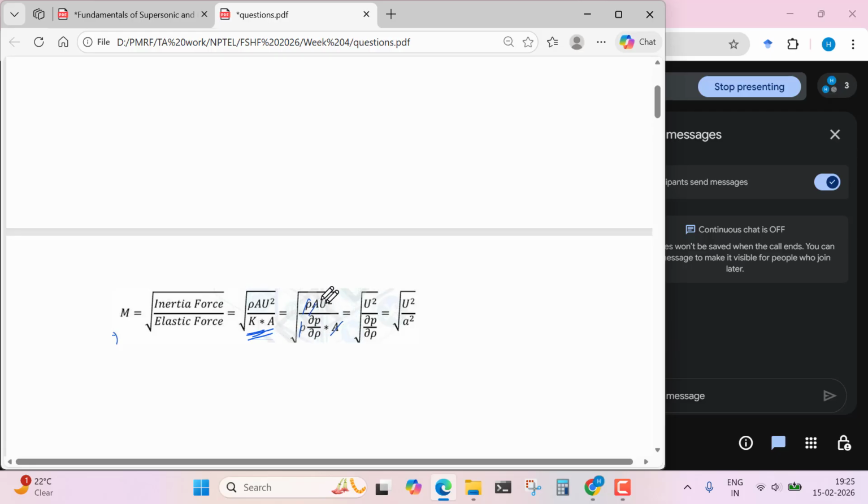So rho and A will cancel out, and it will come to square root of u square upon dou p upon dou rho. And dou p upon dou rho is nothing but the speed of sound squared. So if we substitute it, we will get square root of u square upon a square, which is nothing but u upon a.